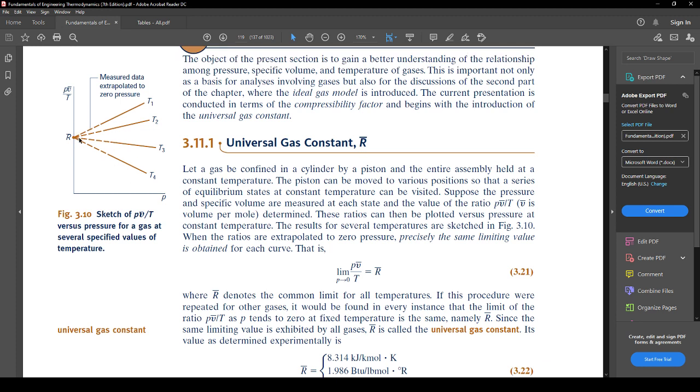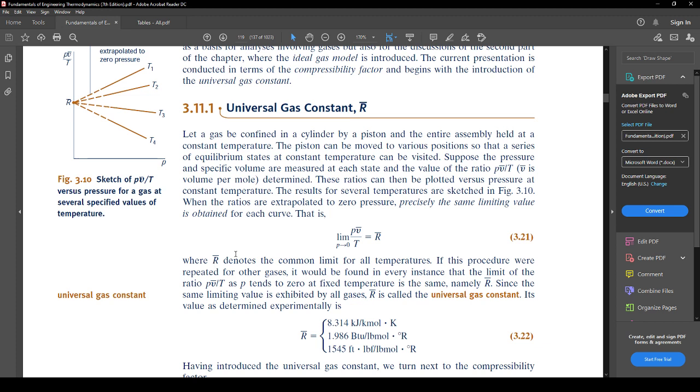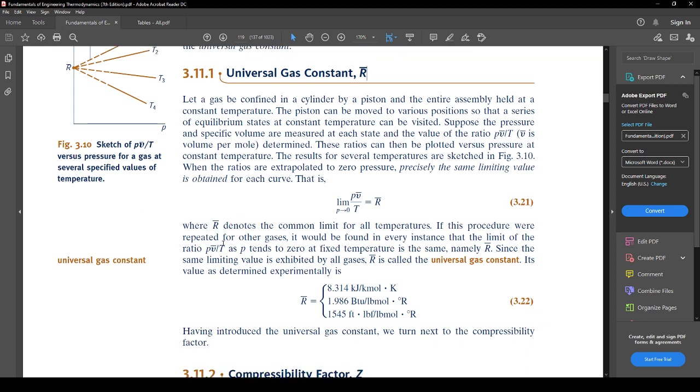Essentially, they're changing temperatures, and these are the little curves you're getting. So that is what they're talking about in figure 3.10, I think. Then it says where R denotes the common limit for all temperatures.